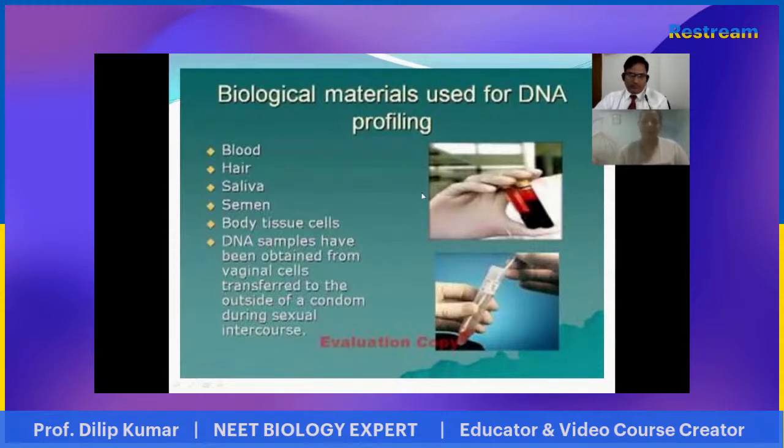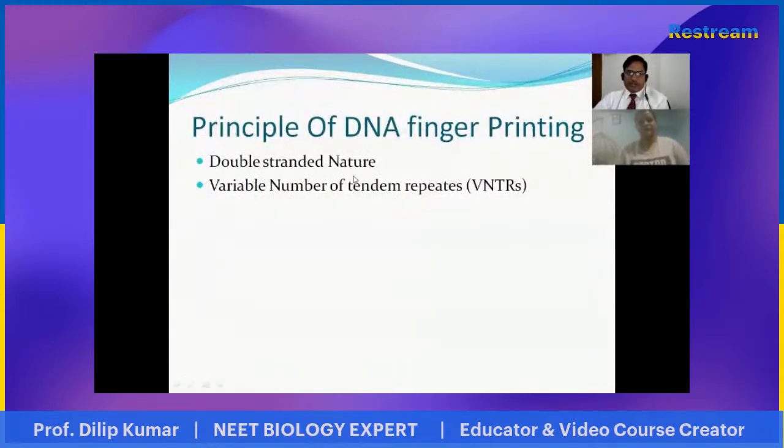Understand? Next topic, in the principles, we need to learn about the principle of DNA fingerprinting. The first important point is the double-stranded nature of DNA. DNA is made up of two strands.